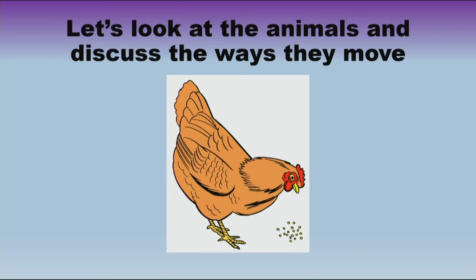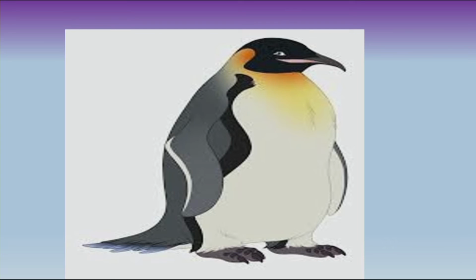Okay, let's look at the animals and discuss the ways they move. What is it showing? Yes, it's a hen. How does the hen move? It walks, yes. It can also fly. Yes, you're right. This one, a penguin.